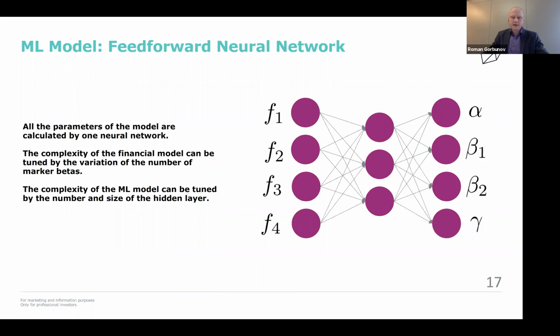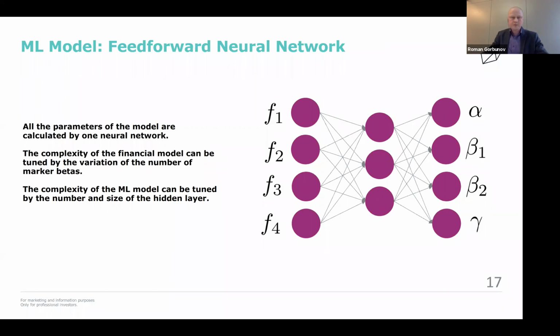On the left-hand side, we have 4 input nodes. And in that picture we use 4 factors, F1 to F4, as inputs to that neural network. Then we go through one hidden layer consisting of 3 neurons. And then finally, on the right-hand side, we get 4 values, which are alpha, betas, and gamma corresponding to that particular stock.